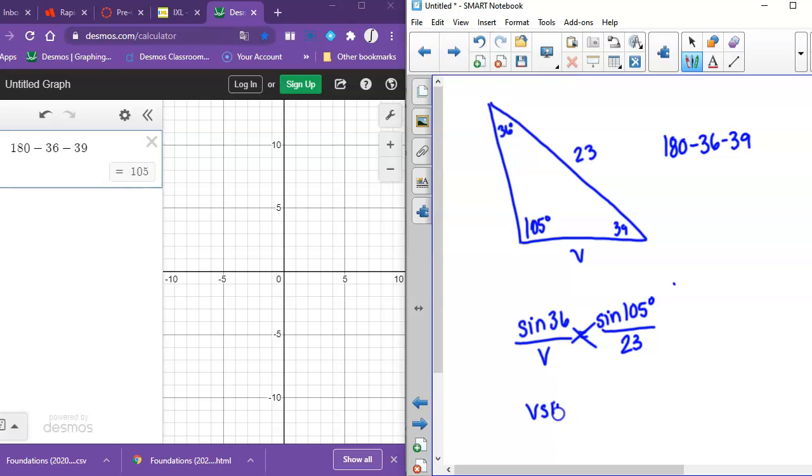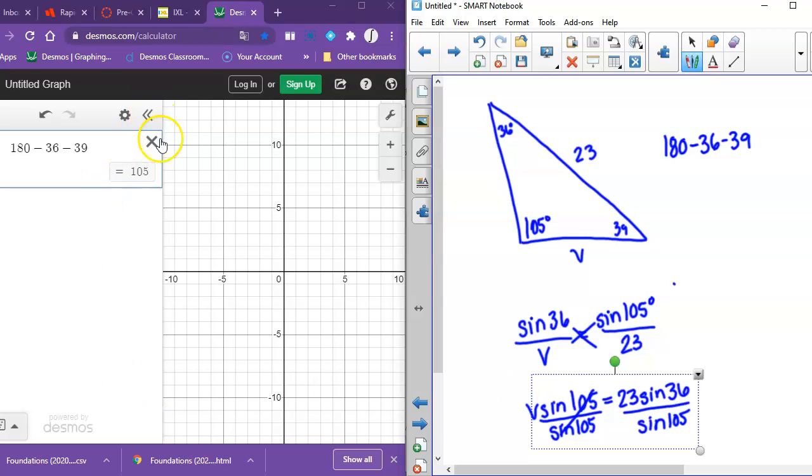V sine of 105 equals 23 sine of 36, and we're just going to divide both sides by sine of 105. And so when we do that, we're just going to type that into Desmos. 23 sine 36 over sine 105.